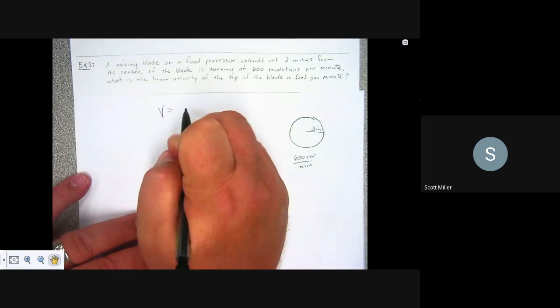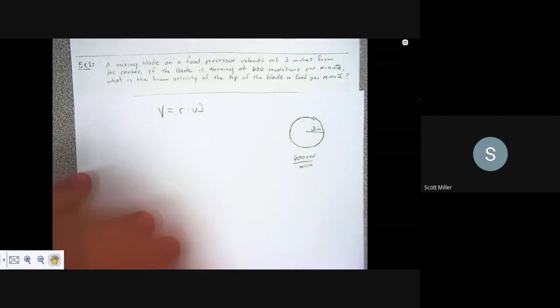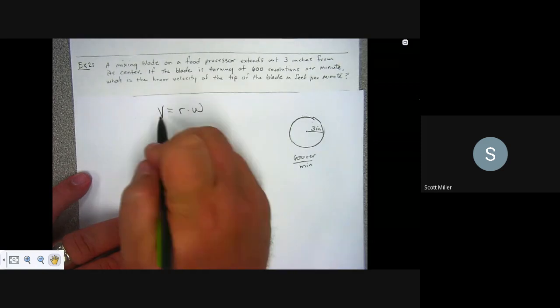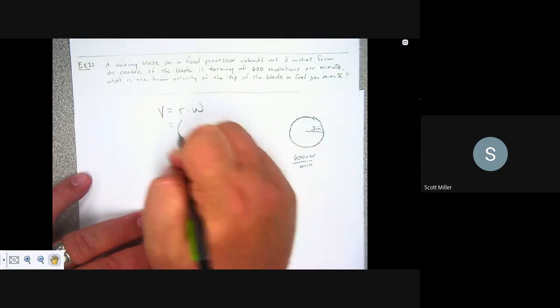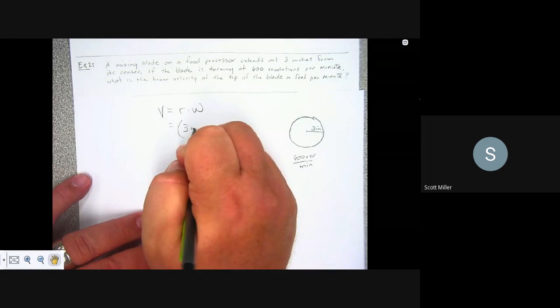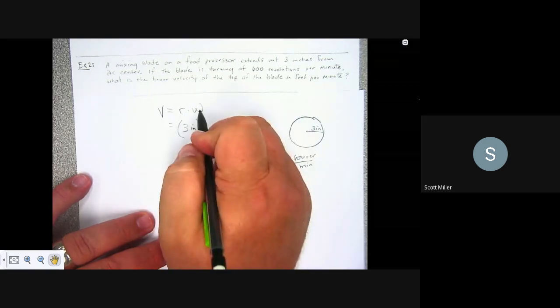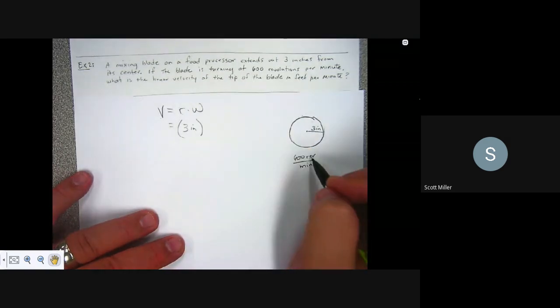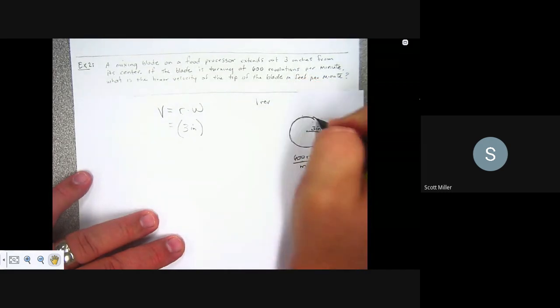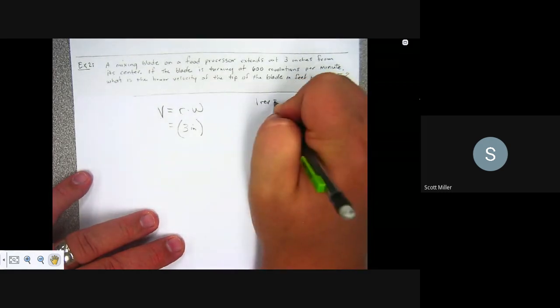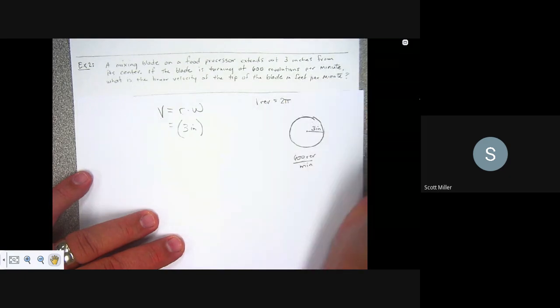Write your formula down. I'm looking for V. I know r. r is 3 inches. And ω I don't have yet. But I do know that 1 revolution around a circle is equal to 2π radians. We learned that in a previous lesson.